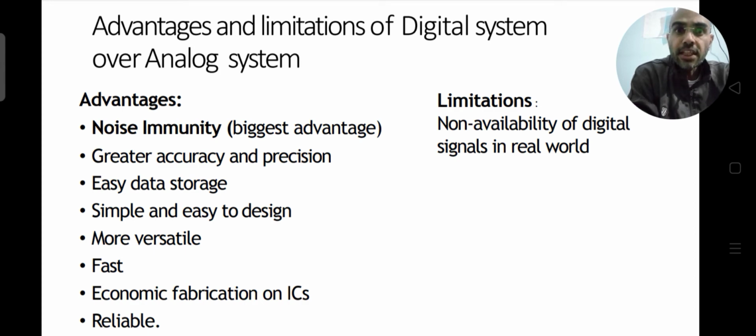But in case of digital signals, we have to store only two levels, and that becomes quite easy and also cheap to store. So, digital systems not only provide greater accuracy and are easy to design, but it is also very easy to store data in the digital domain.